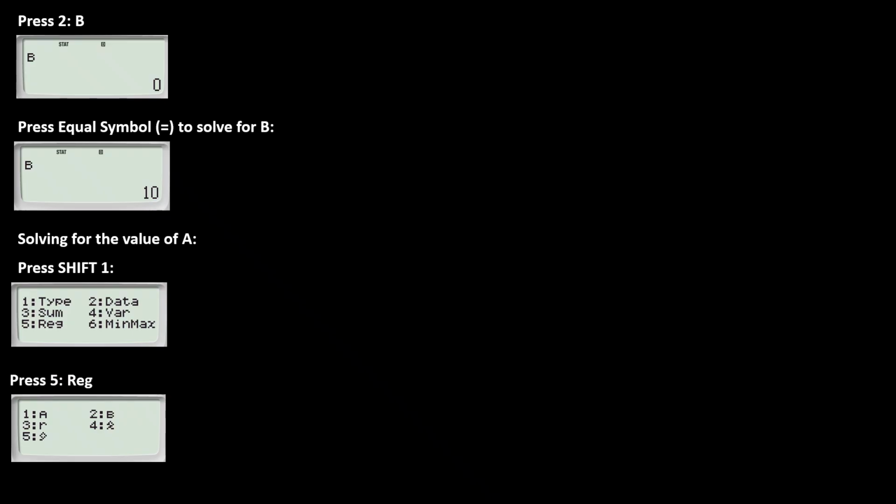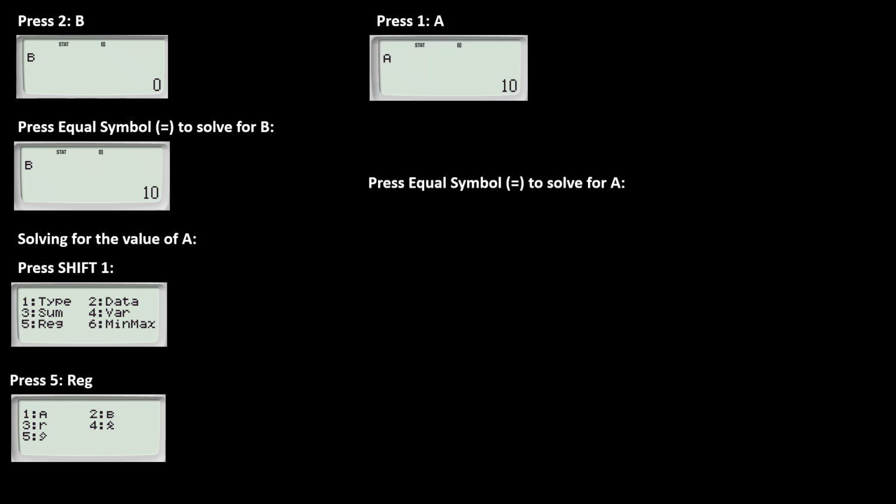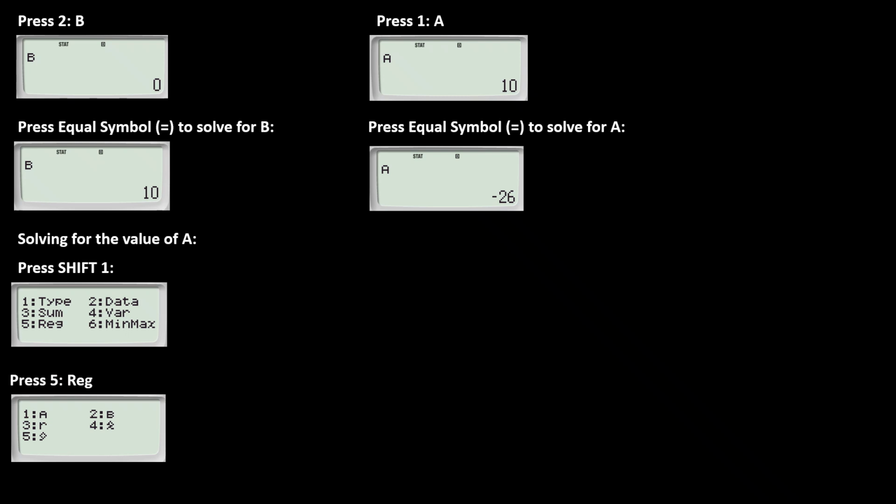We have to press 1 so that we can solve for the value of the y-intercept, which is capital A. We have to press now the equal symbol from our calculator so that we can now have the value of A, or y-intercept. Then finally, we already have now the value of our y-intercept A, and that is equal to negative 26.